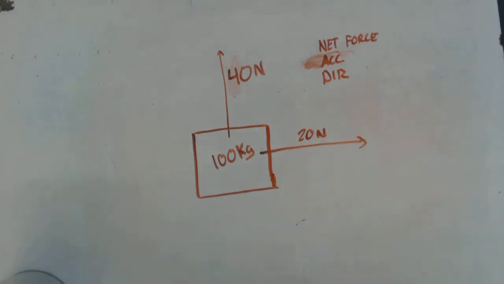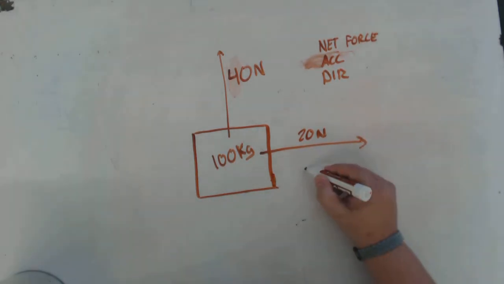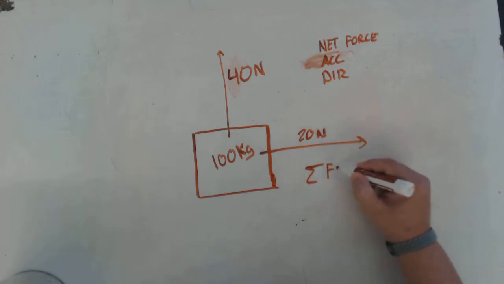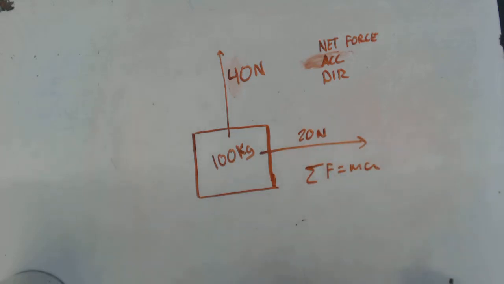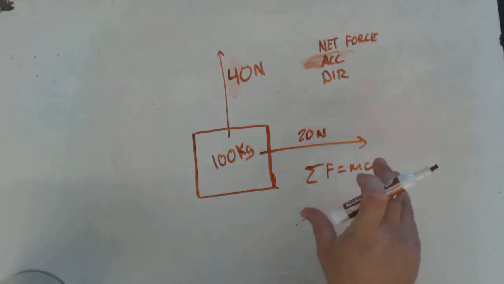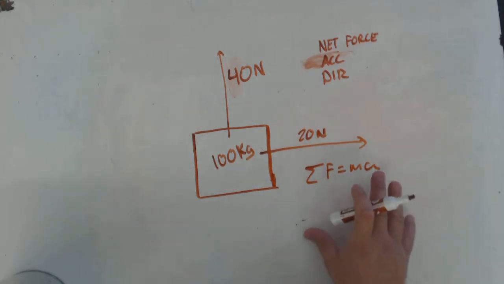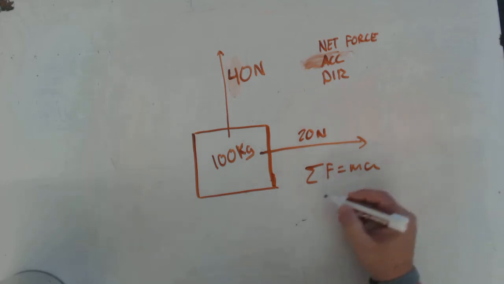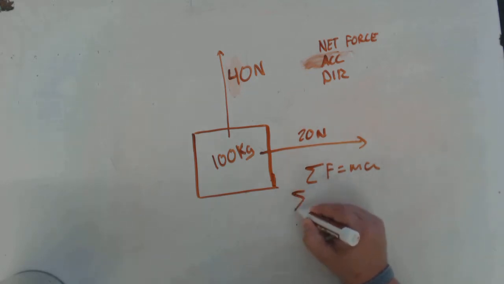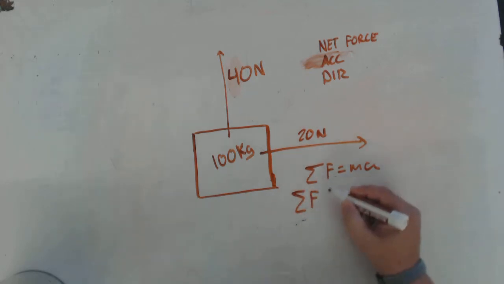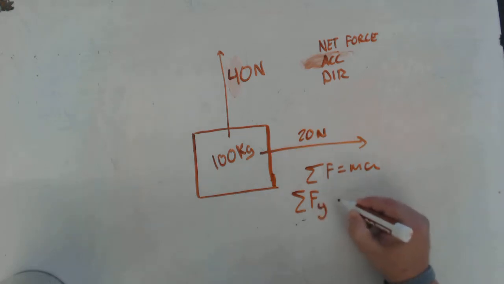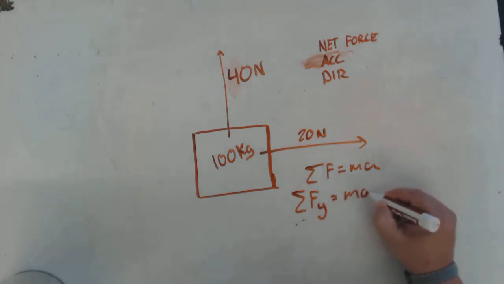Because we're dealing with vectors, we're still going back to this idea that the sum of the forces is equal to mass times acceleration. Normally I would ask you to think of it this way: all the forces in one direction produce an acceleration in that direction.